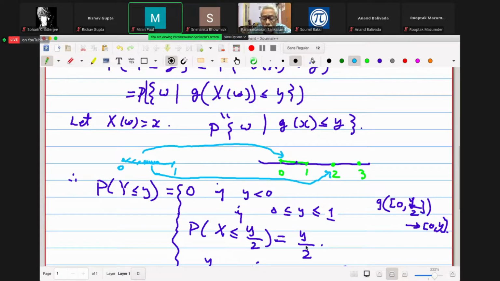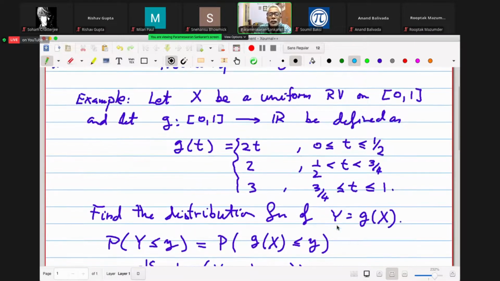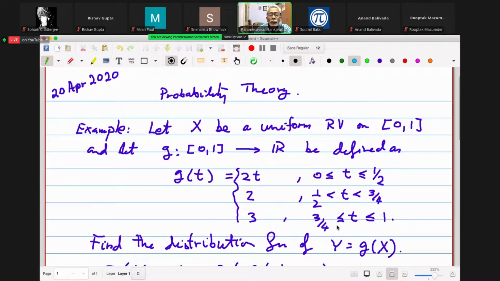You are asking why this is y by 2 and not y by 4? Yes, sir. Okay, wait a second. Sorry, I have to think about that a bit. You see, what is the distribution function of x? Uniform on this one.